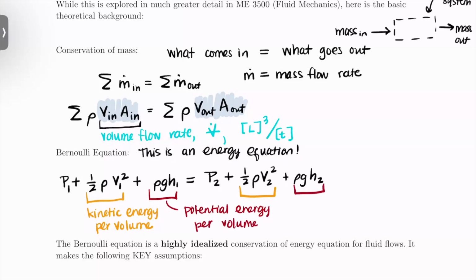And then this pressure term that shows up is pressure energy. Okay, so this is basically the same thing as when we talked about conservation of energy. All the energy has to be accounted for between points 1 and 2, but it can change its form, right? So we can shift from kinetic energy to potential energy or potential energy to pressure energy, the same as how you're used to thinking about energy.